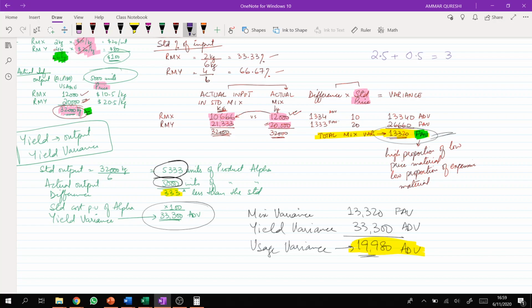But if you input more sand and less cement in the mixture, you will still be able to build the wall, but the quality of that wall will not be good in that case. So sometimes, in order to save cost, you input low quality material in higher proportion. In that case, the mix variance becomes favorable, but ultimately in majority of cases that adversely affects the yield variance, right?